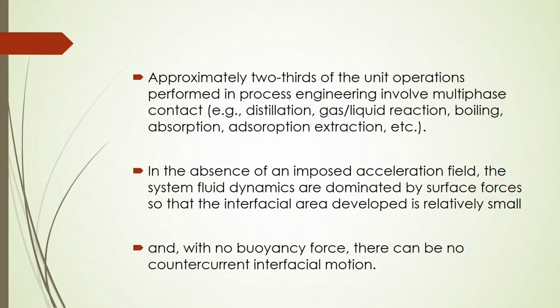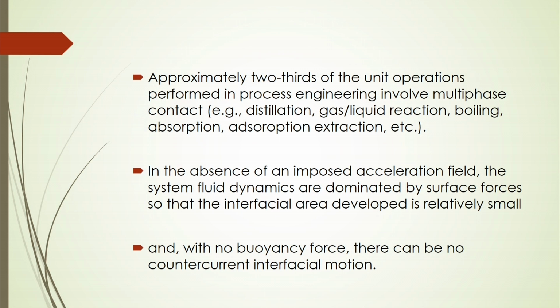So, if you apply, for example, an absorption process of gases, that is, if you consider a physical operation like absorption of carbon dioxide gas in a liquid, then to transfer the carbon dioxide gas to the liquid, it will be through the surface between the carbon dioxide gas and the liquid.